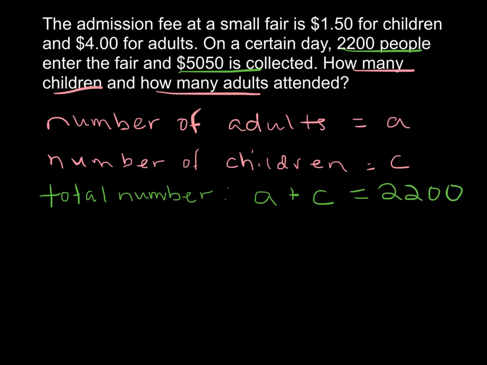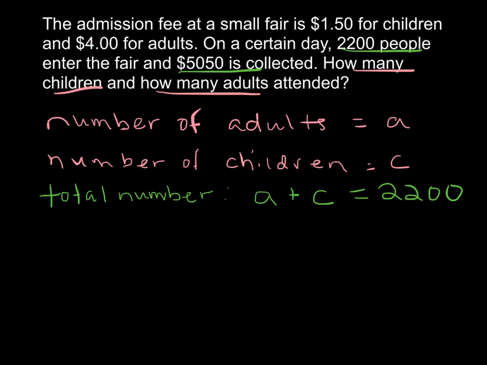Then we're going to have our other equation when we're talking about money, right? So we have total number of adults, and adults cost how much? They cost $4 per person, okay?